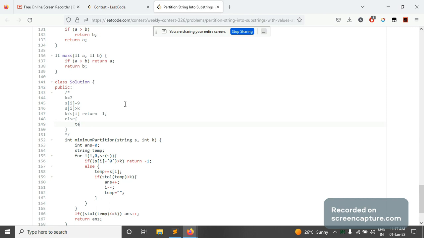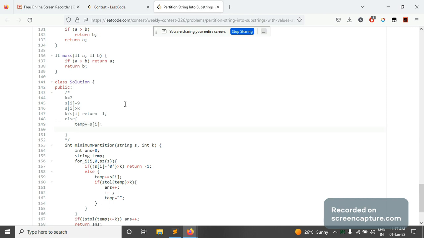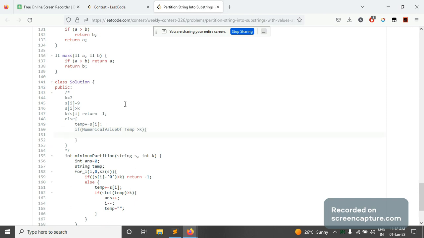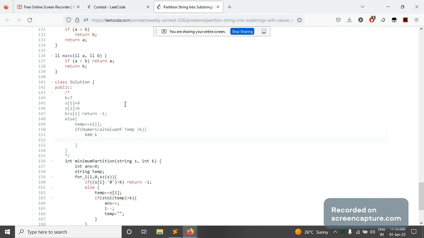Suppose we have an initial temp string, and we will keep on adding s of I. We will check if the numerical value of temp is greater than k. In that case, just take an example. Suppose the value of k is 640 and the nums value is triple nine.